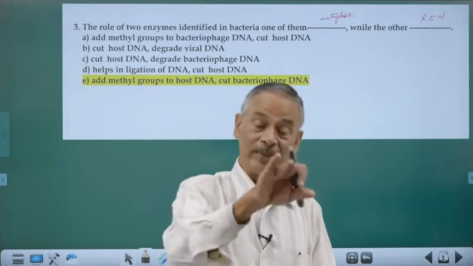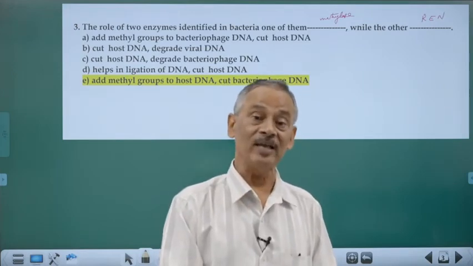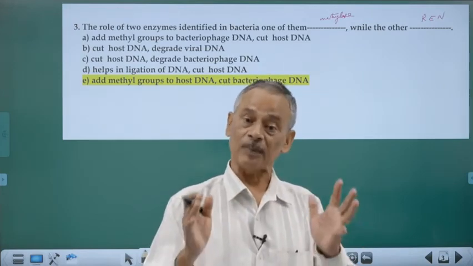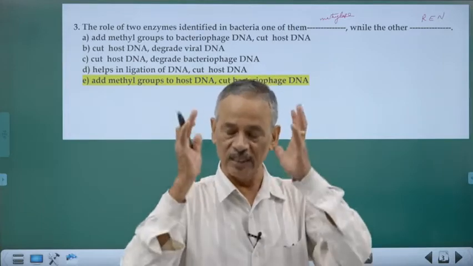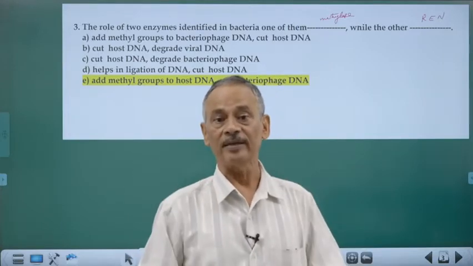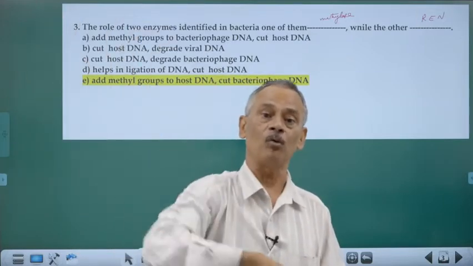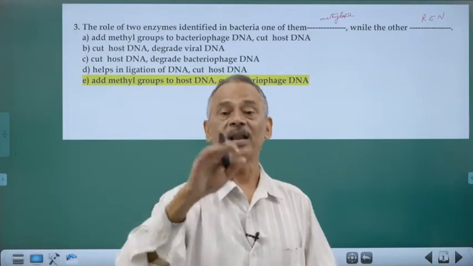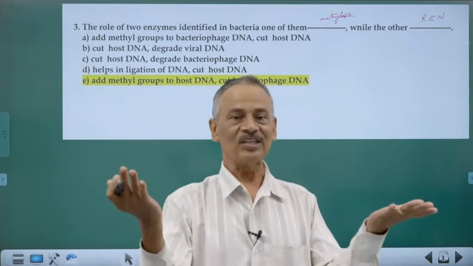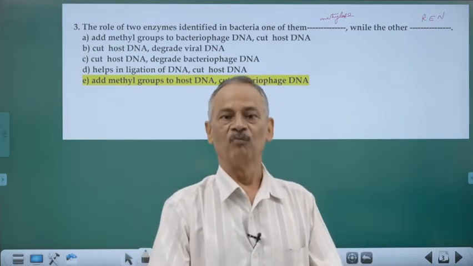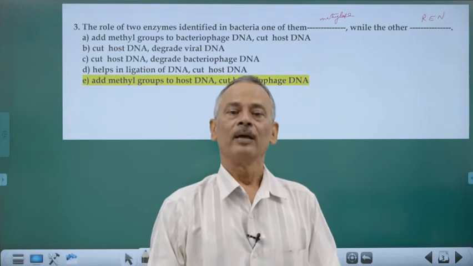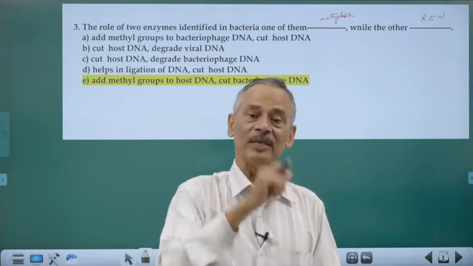Whereas unmethylated, who is unmethylated? All the DNA that is produced within the host cell, within the bacterium cell, will be methylated. So, which will be unmethylated? The DNA that is coming from outside, that is the viral DNA. Since it is not synthesized inside the bacterium, it is non-methylated.